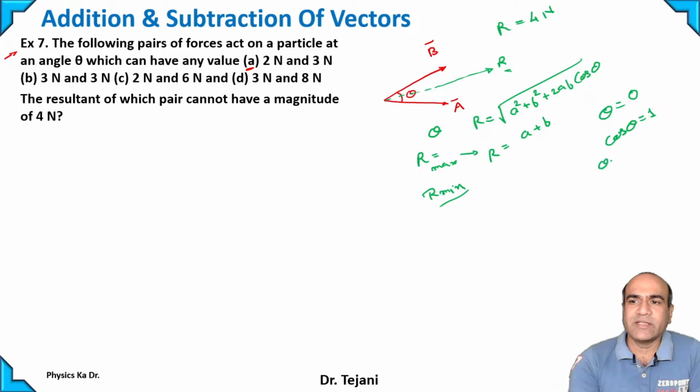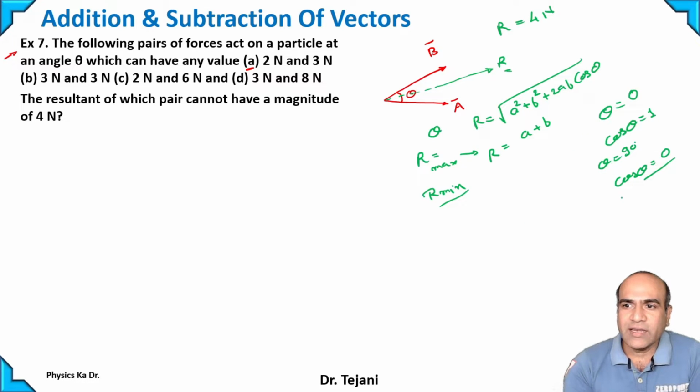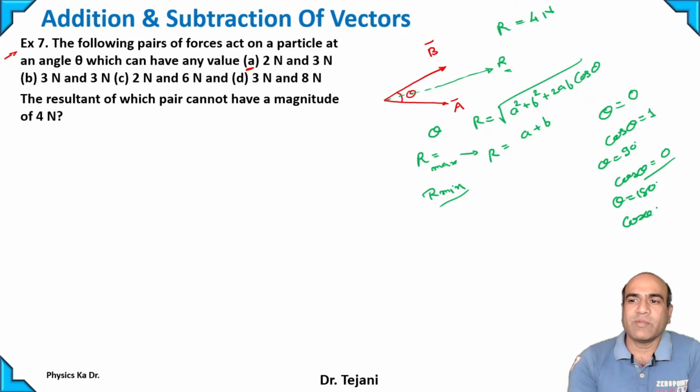And similarly, when theta is equal to 90 degree, cos theta becomes 0. And for the opposite part, theta is equal to 180 degree. That means cos theta becomes -1, and ultimately R minimum we can get A minus B.